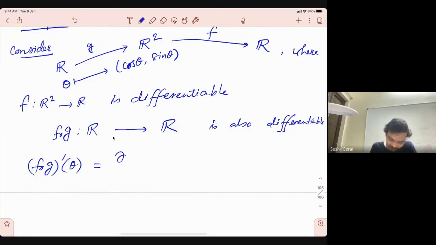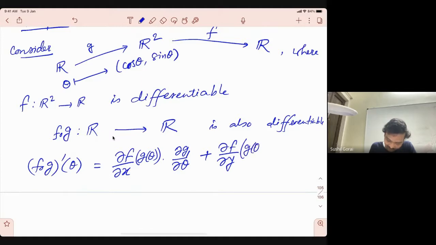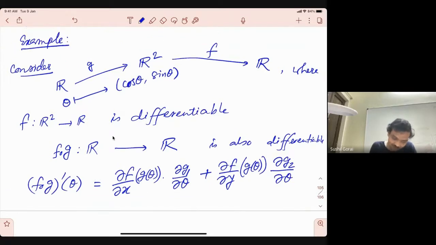So you put del f by del x at g(theta), and then in the product it will be the first component of g, which means del g1 by del theta, plus similarly del f by del y at g(theta) times del g2 by del theta. g is (g1, g2), so this is g1(theta) and this is g2(theta).